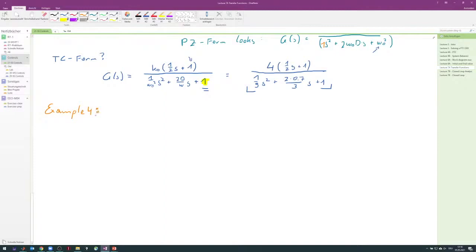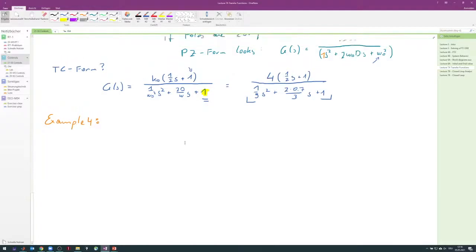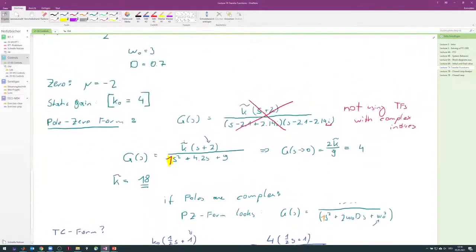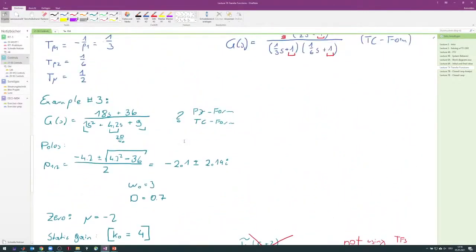Okay, could you please repeat how you get omega 0 equals 3? Of course. You have that function here, right? And this is in the form, if you have G of S, let's say we've got 1 over, it doesn't matter what's in the numerator, S squared plus 4 times S plus 9.